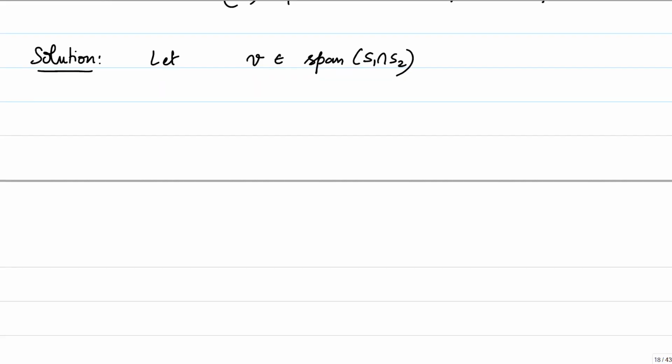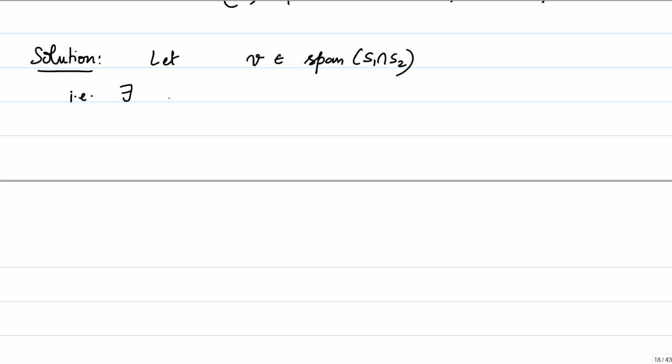What does it mean for a vector V to be in the span of S1 intersected with S2? That means that there exist some V1, V2 up to Vk in S1 intersected with S2 such that V is a linear combination of V1, V2 up to Vk.